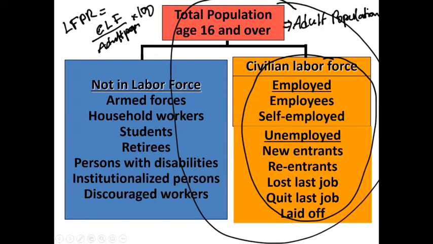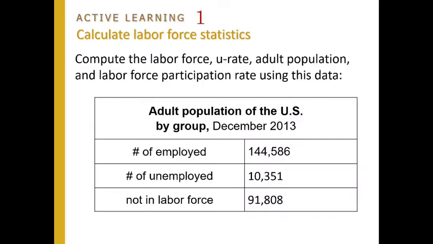So we can calculate that using the numbers that we have in the question. Here we have adult population, which is the sum of the civilian labor force and not in labor force.